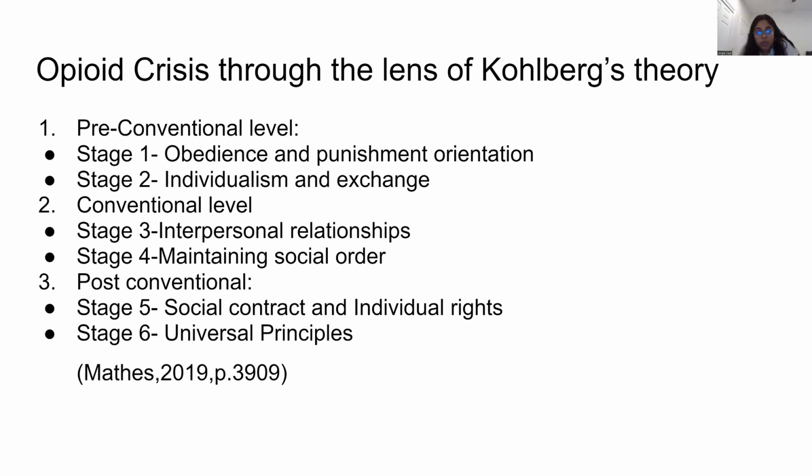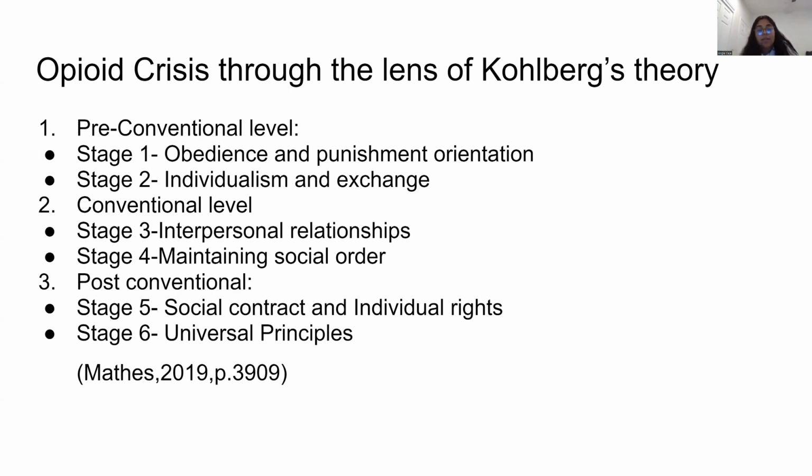So, stage 2, individualism and exchange. The opioid crisis may be viewed as a problem affecting individuals who made poor choices, and the empathy may be limited to those perceived as victims of the circumstance.